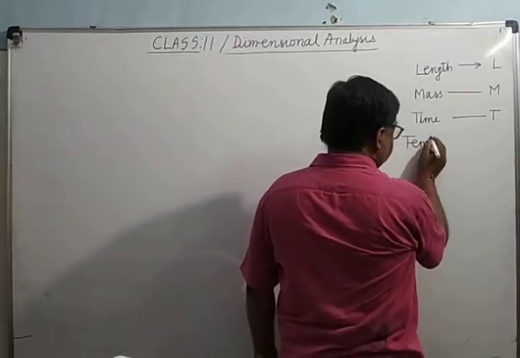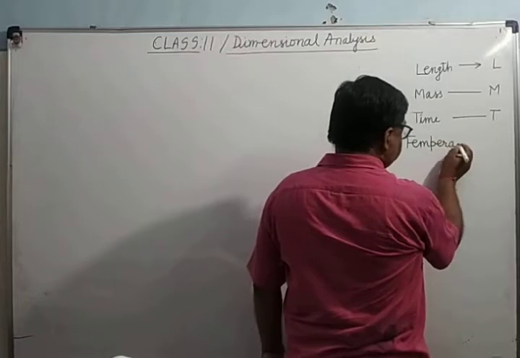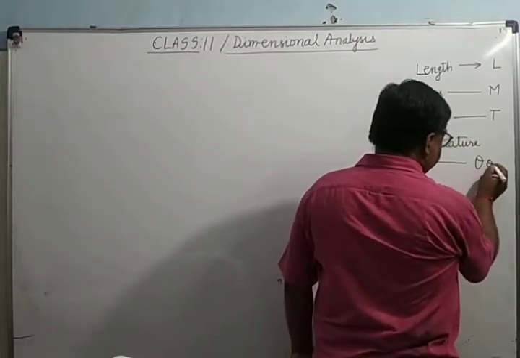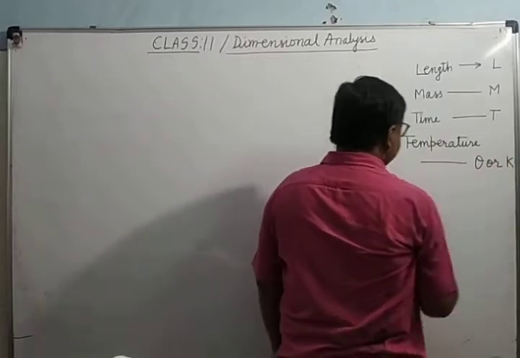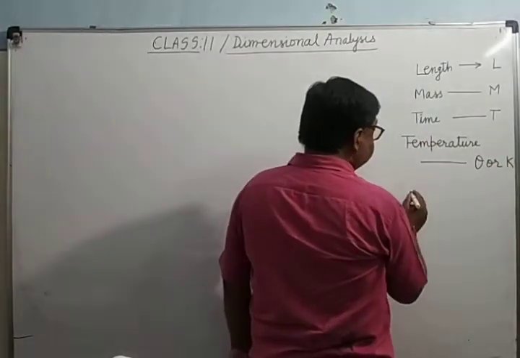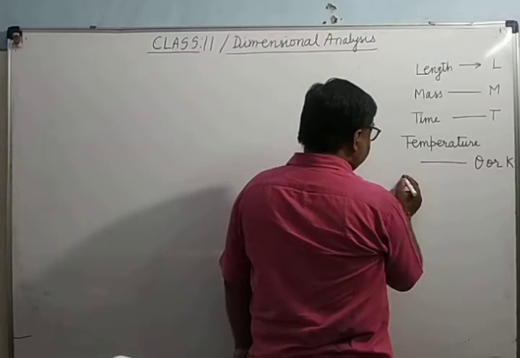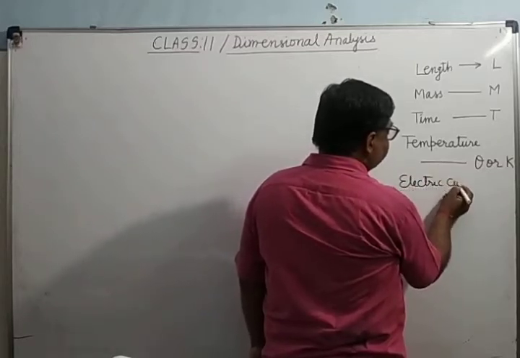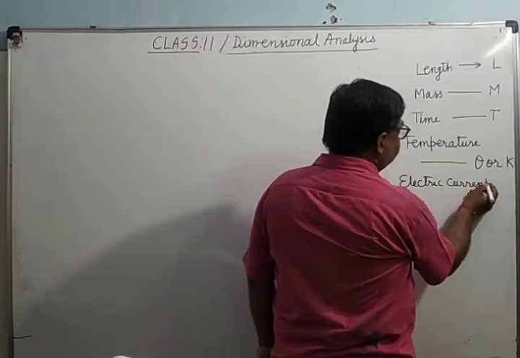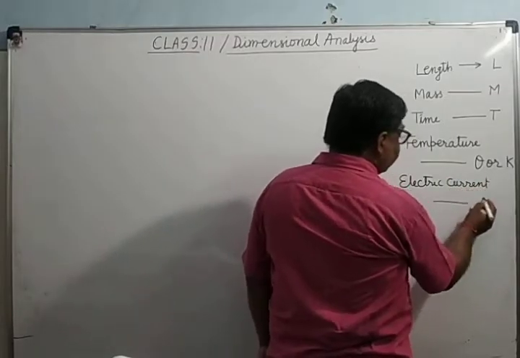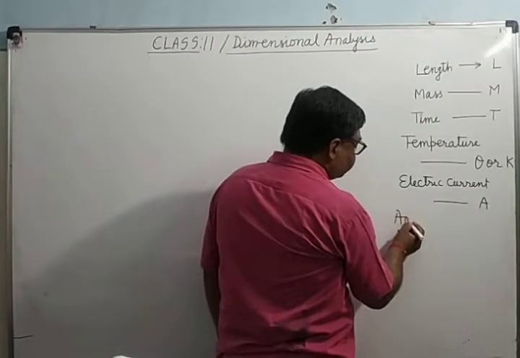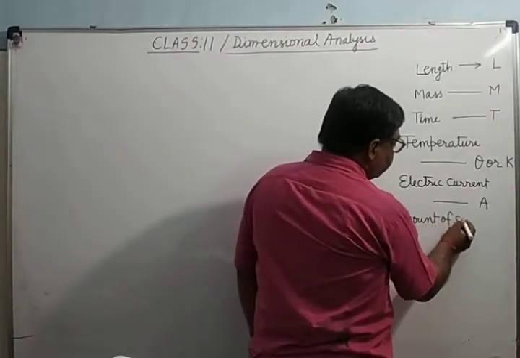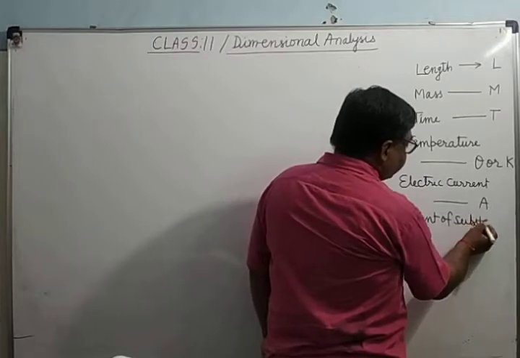Temperature we will use theta or K. Then we can take electric current, which we will take as A. Then amount of substance. Here we will not take any symbol.